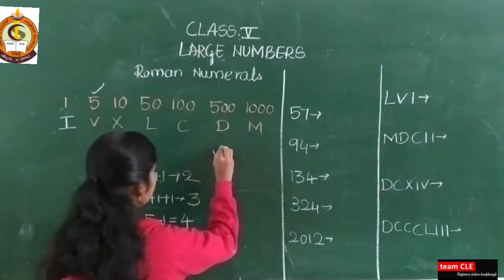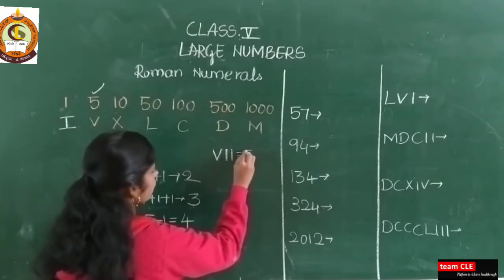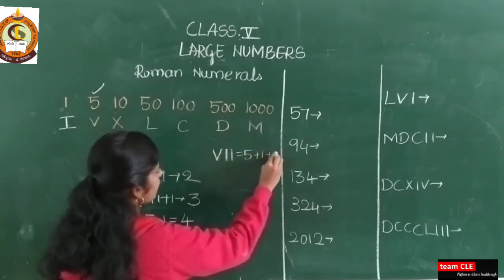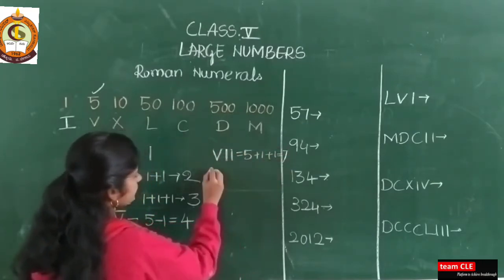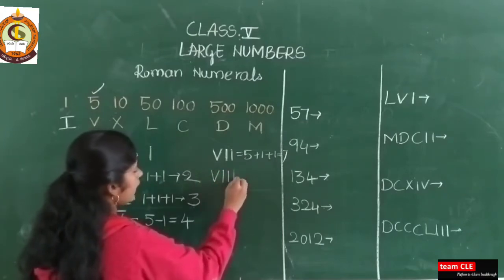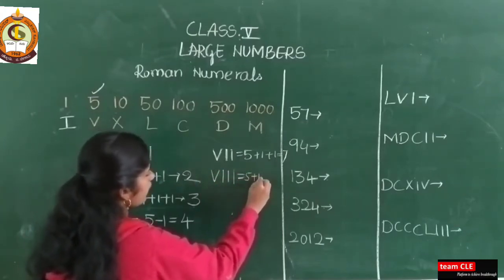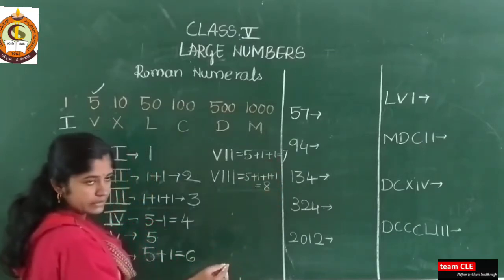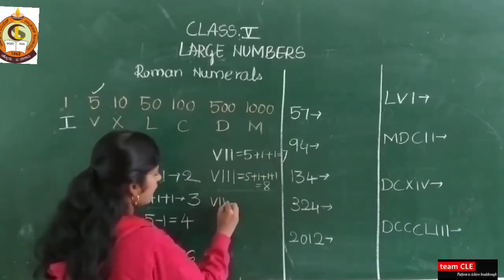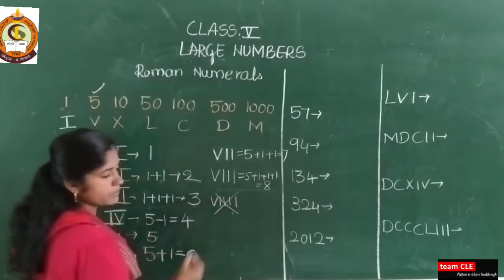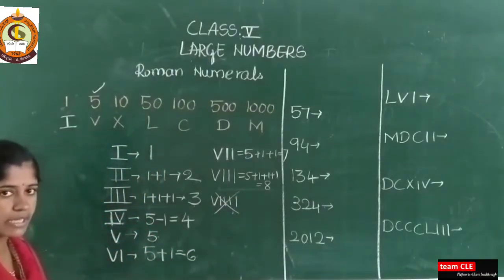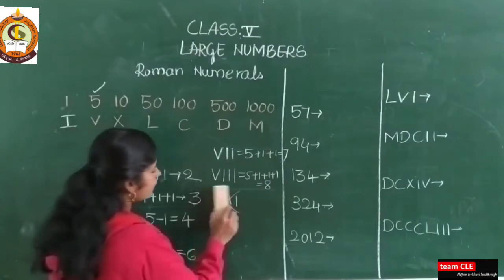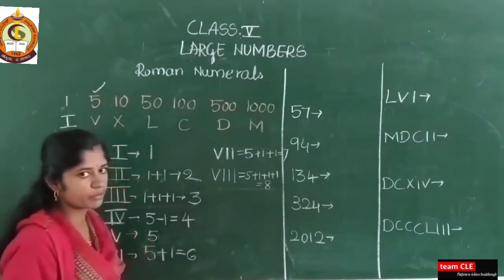Next VII means 5 plus 1 plus 1, that is 7. VIII means 5 plus 1 plus 1 plus 1, that is 8. IIIII, if you write like this it is wrong, because any number will repeat only 3 times.